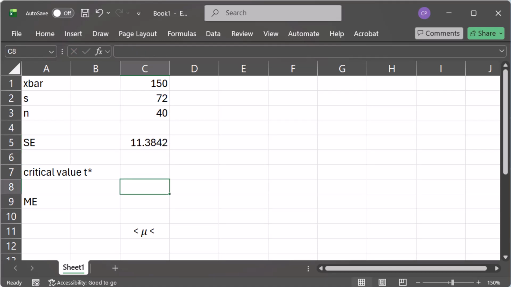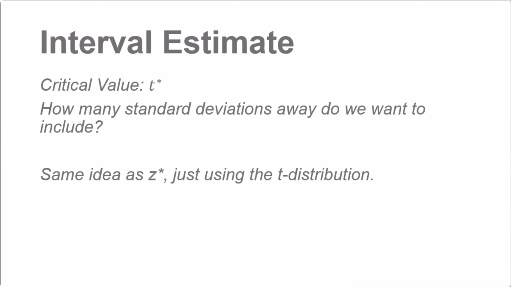The next thing I'm going to need to know is the critical value. So I went over the critical value in some depth in the interval estimates for proportions video, so you might check that out. In this case, we're using the same idea, but rather than getting a critical value of z star, which is essentially a z-score from the normal distribution, our critical value is t star, indicating that this is coming from the t distribution.